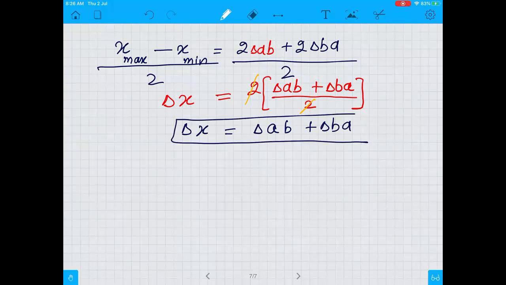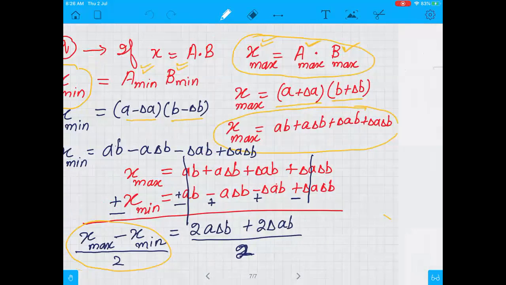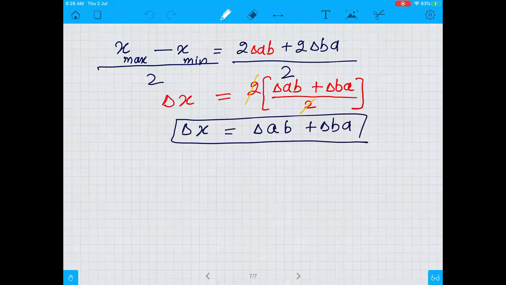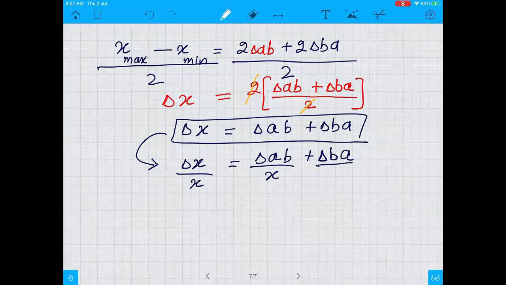Now this is not the final formula, because the final formula that we have to prove is in the form of fractional uncertainties. In case of product and division, we go with fractional uncertainties and not with absolute uncertainties. One last step: if you want to go with fractional uncertainties, then you divide every term in the equation by x.